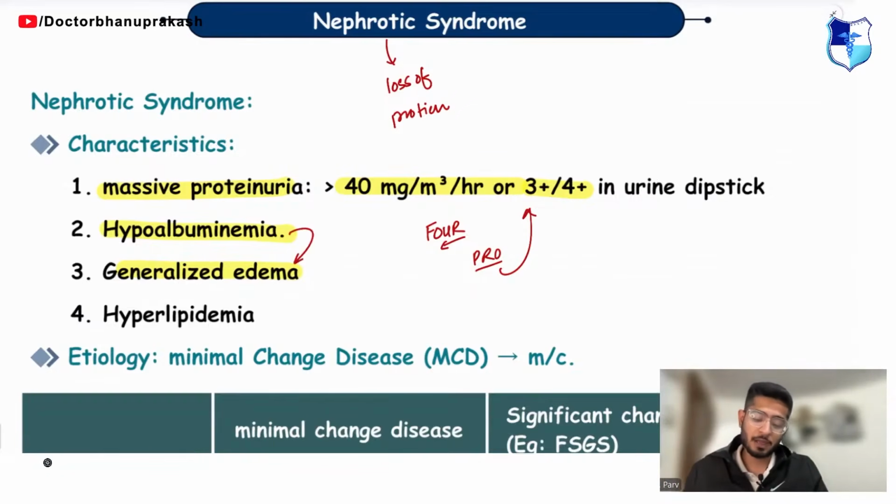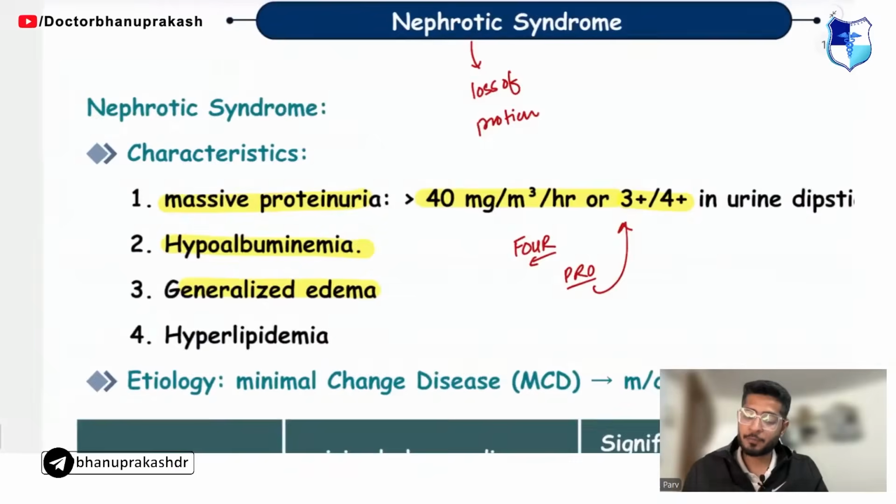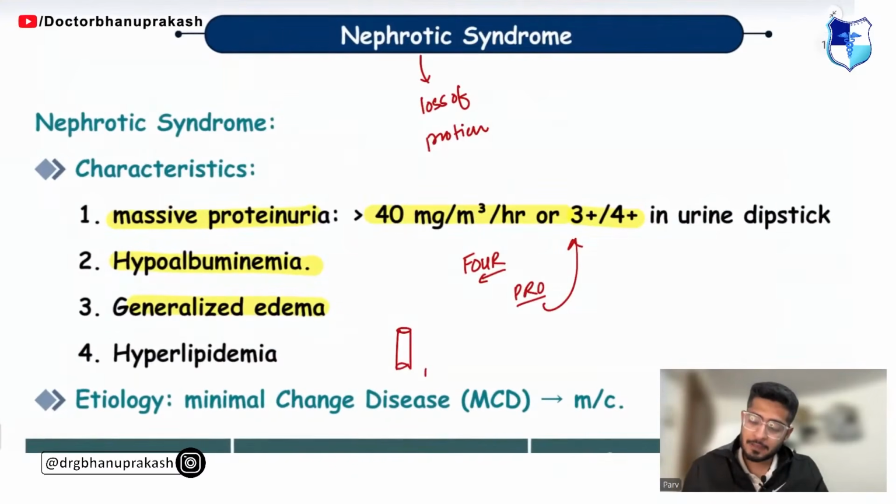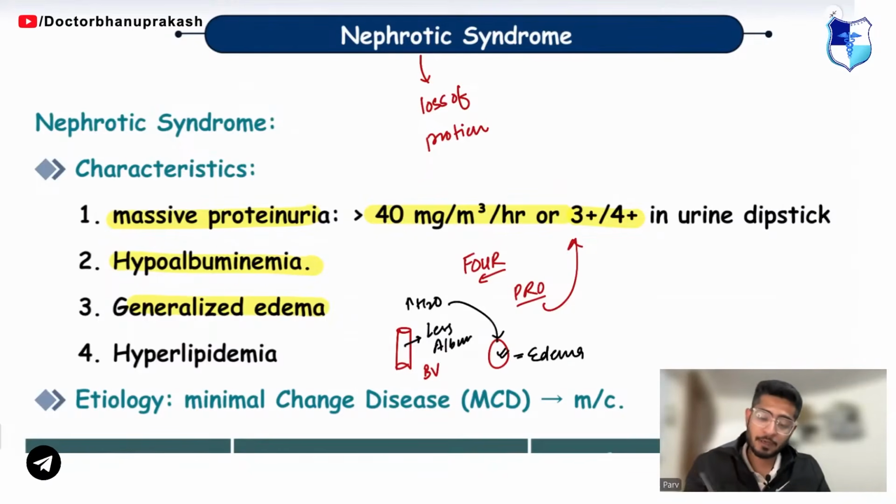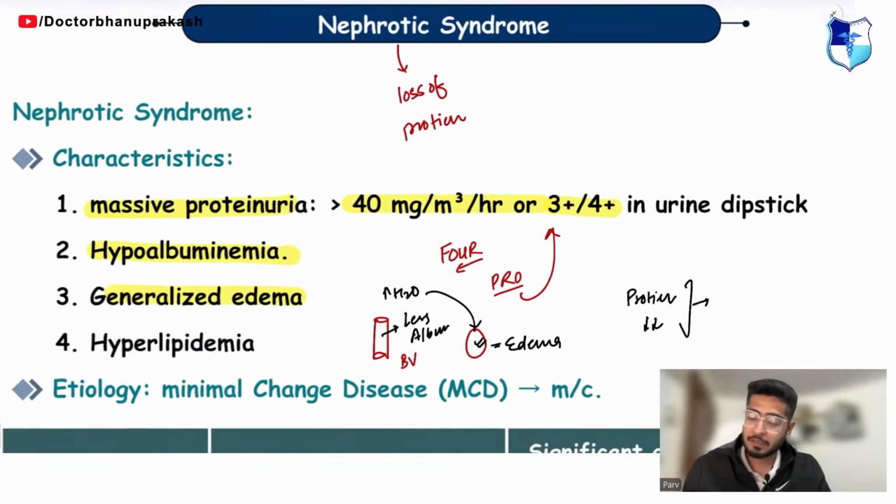So hypoalbuminemia means this is the blood vessel, this is the cell, and since there is less albumin available here, there will be more water, and this water is going to enter inside the cell. So the cell is going to have edema, and because protein is lost, the body tries to increase that protein.